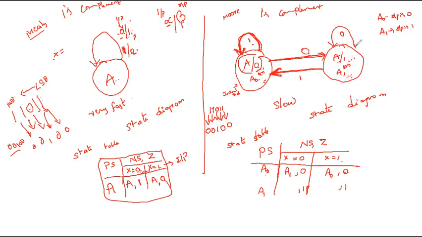Whenever input is 0, we stay at A1 only. Whenever input is 1, we go to A0. So this is the state table for the one's complement Moore machine.